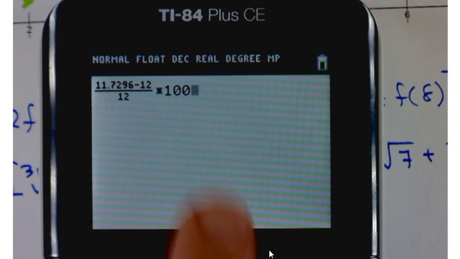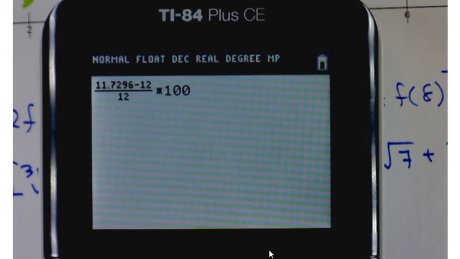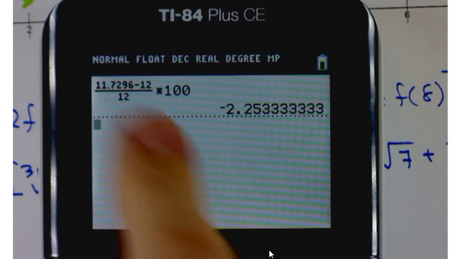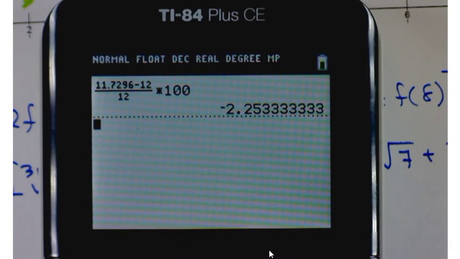Now, some people take the absolute value of this, and maybe some people will do it true minus approximate. Doesn't matter. In this case, the negative value that we get reflects the fact that we had an underestimate of the true value. That's fine. The relative percent error is about 2.25%. Not bad, not exactly great, but not bad.